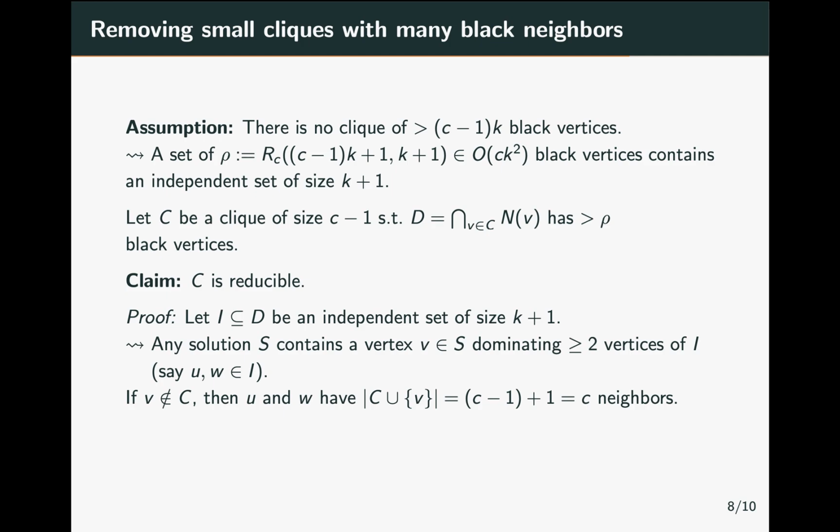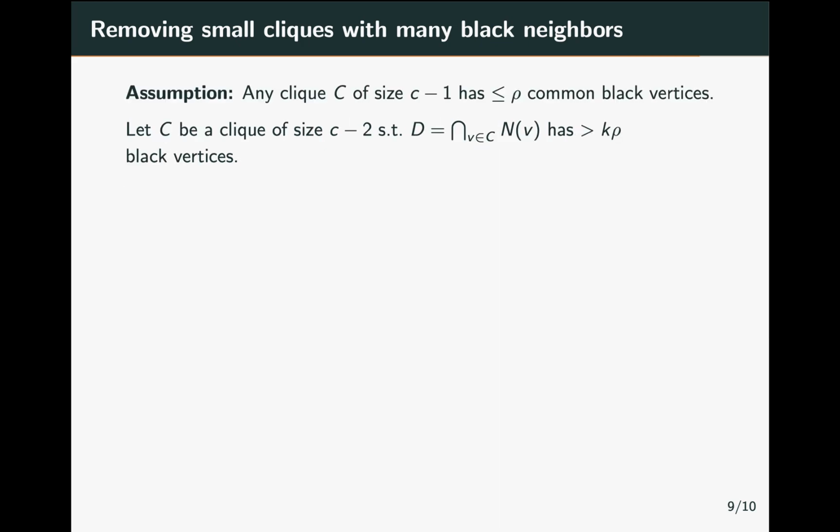So if v is not in C, it means that u and w are going to have c common neighbors, which is a contradiction. So now we have that S intersects C.